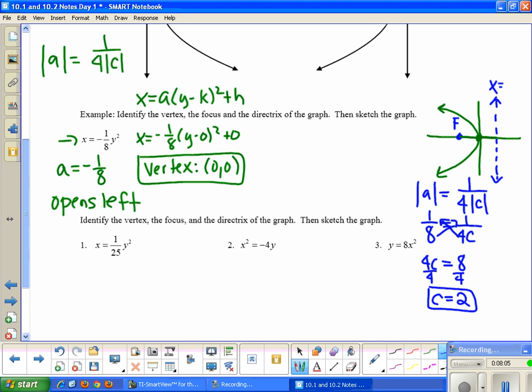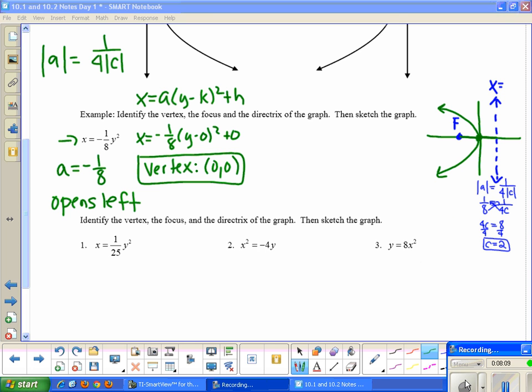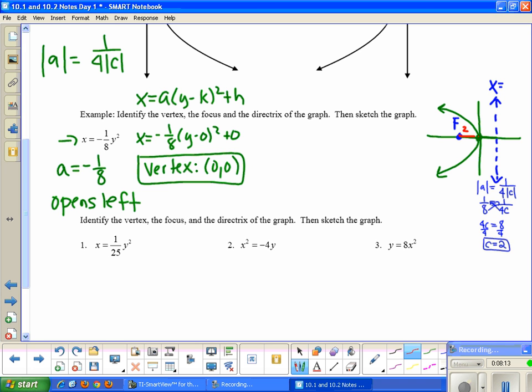So now that I know my c value, that helps me figure out my focus and directrix. I know the distance from here to here is 2, and the distance from here to here is 2. And if my vertex is at the origin, then that means that my directrix is x equals 2, and my focus would be at -2, 0, because it's on the same line as our vertex.